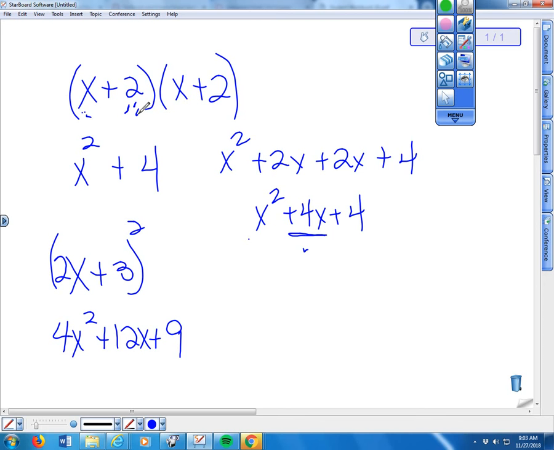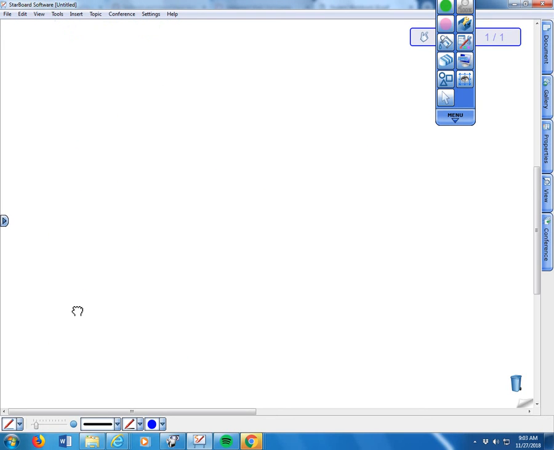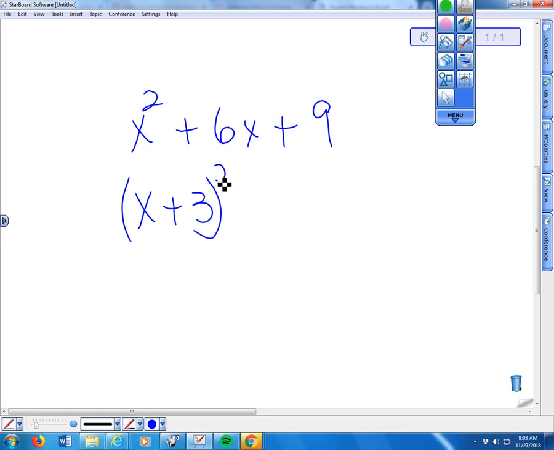So what we're going to talk about today is special cases of factoring. When you see perfect squares at the end, do you recognize that x squared is a perfect square? Yes, it is. 9 is a perfect square. So what you're going to do is try just taking the square root of both and doing this.